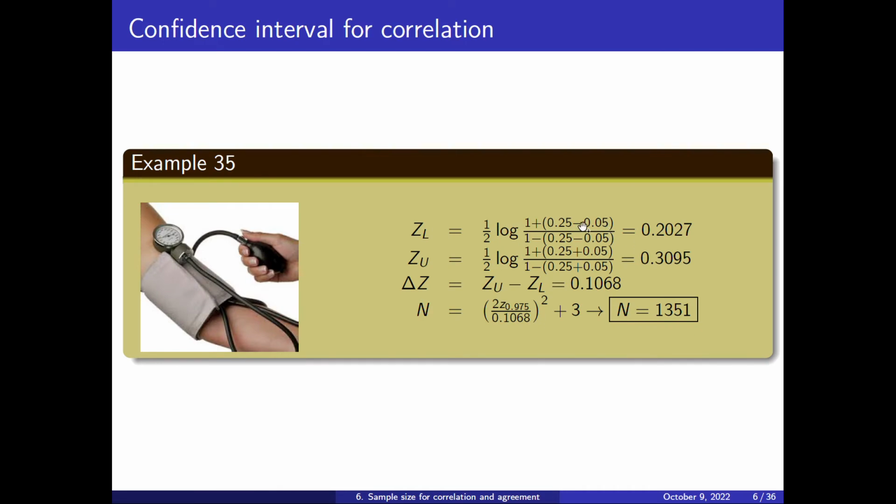So you see, we have 0.25 minus our precision, 0.25 plus our precision. It doesn't mean that we have to know exactly before doing the experiment what the values will be, but we need to have some ballpark values.